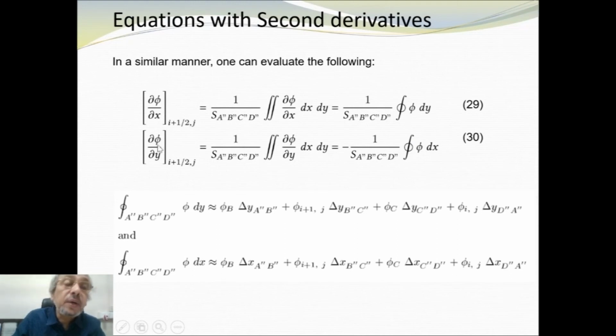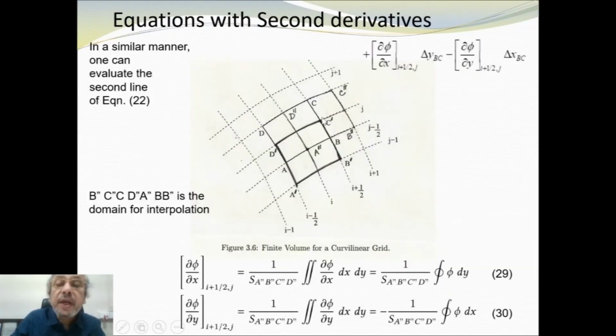And in order to find out del phi del y at the same point, again we have to integrate phi dx over a prime a double prime, b double prime, b double prime c double prime, c double prime d double prime, d double prime a double prime.